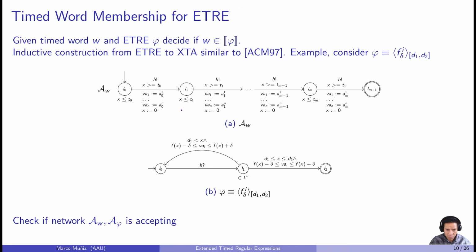So then we will have our word, then we will have a network of automata encoding the expression, and then what we need to do is to check if the product is accepting, if the network is accepting.